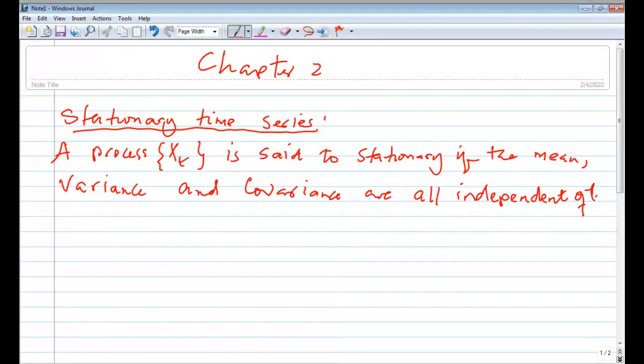A process or stationary time series is a process xt where the mean, the variance, and the covariance are all independent of t.